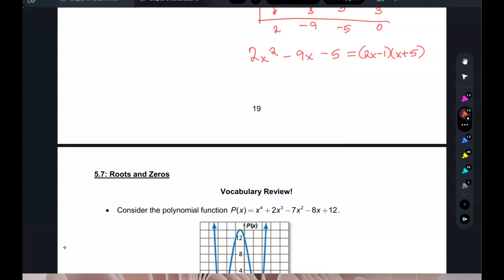Because we have to get a negative 9x, so this should be a plus 1 and a minus 5. We want to make sure the outside and the inside add up to the negative. And if you don't remember how to do that, outside and inside, you can multiply the 2 to the end.